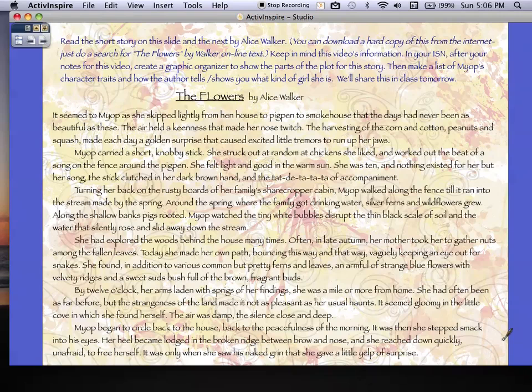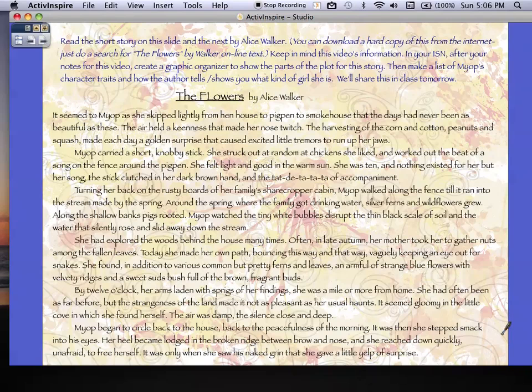She'd explored the woods behind the house many times. Often in late autumn, her mother took her to gather nuts among the fallen leaves, but today she made her own path, bouncing this way and that way, vaguely keeping an eye out for snakes. She found, in addition to various common but pretty ferns and leaves, an armful of strange blue flowers with velvety ridges and a sweet shrub bush full of brown, fragrant buds.